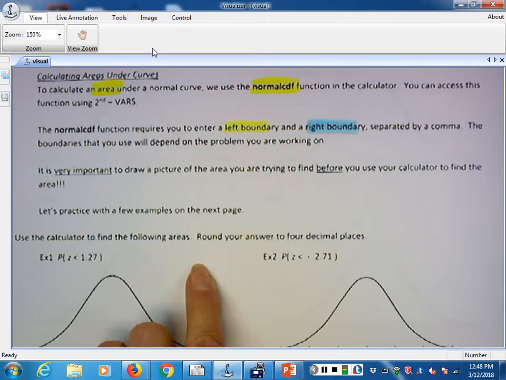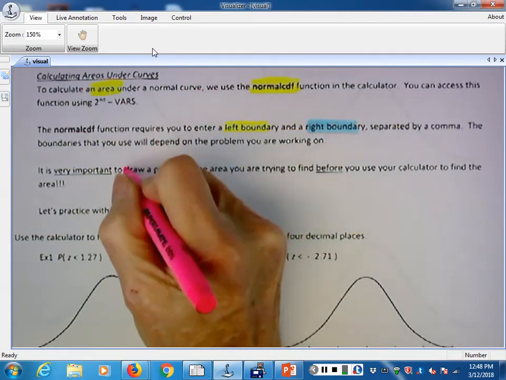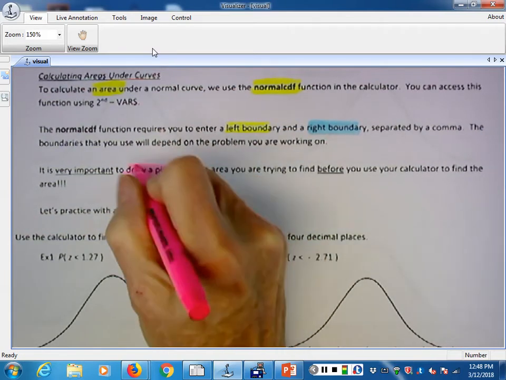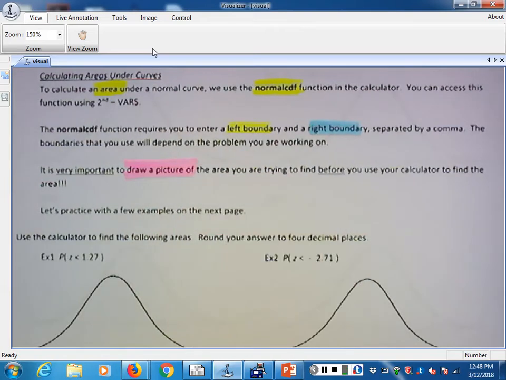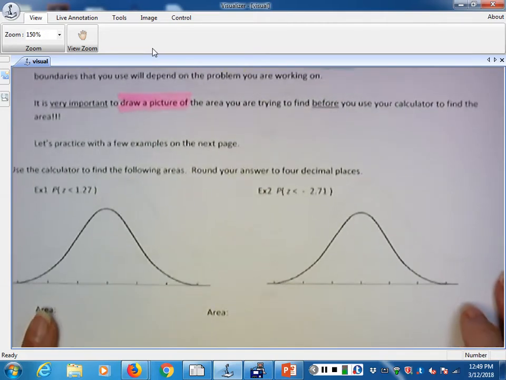The picture tells you what you need to do. So you have to draw the picture. Don't skip that step. I'm not going to let you skip that step. Even if you get the answer right, if you skip that step, you're not going to get full credit. That's how important it is that you draw that picture.